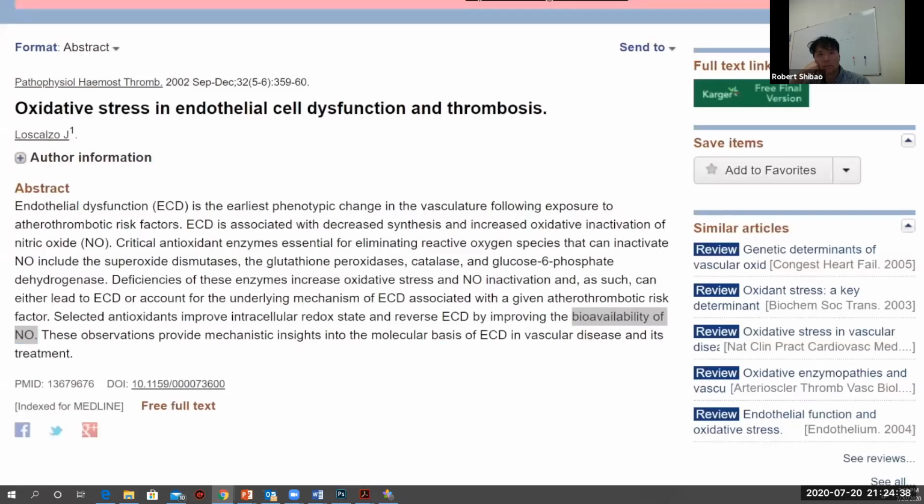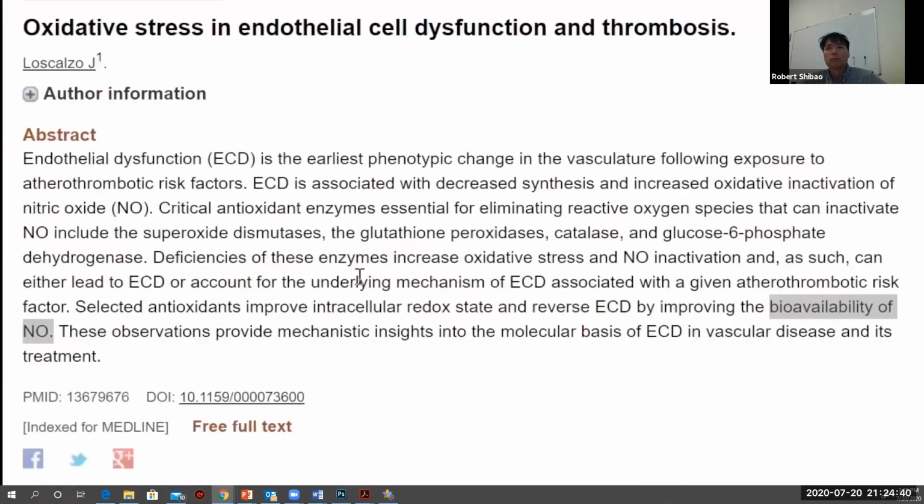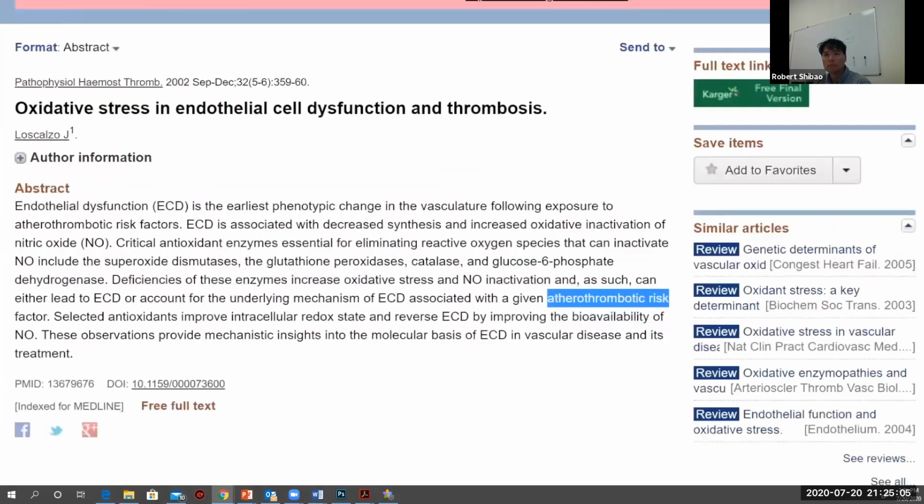It says here that deficiency of these enzymes, like for instance the superoxide dismutases, glutathione peroxidases, increase oxidative stress and nitric oxide inactivation, and as such can lead to endothelial cell dysfunction or account for the underlying mechanism of endothelial cell dysfunction associated with a given atherothrombotic risk factor. So those things are connected: oxidative stress, nitric oxide, endothelial cell dysfunction, and thrombosis.